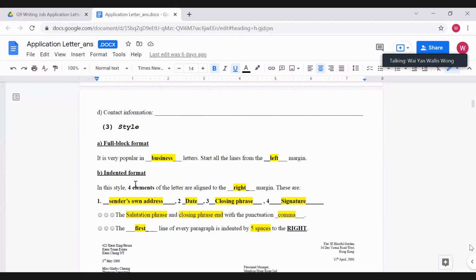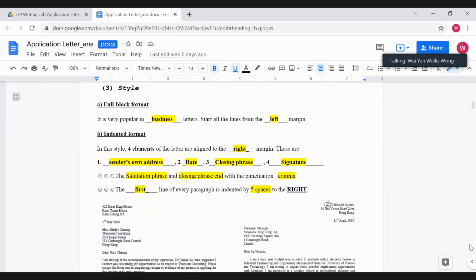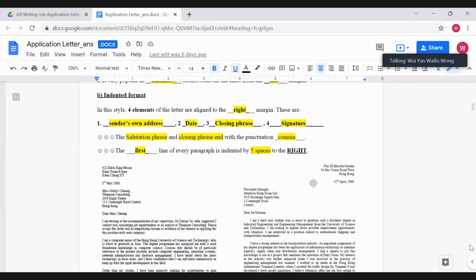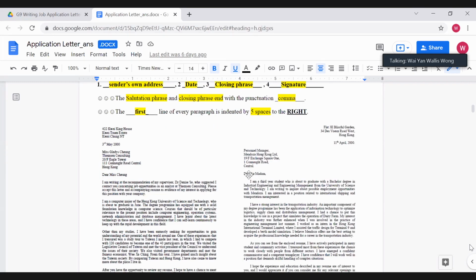If you want to use indented format, then please pay attention to the position, for example, the sender's own address, the company's address, and then the greeting.